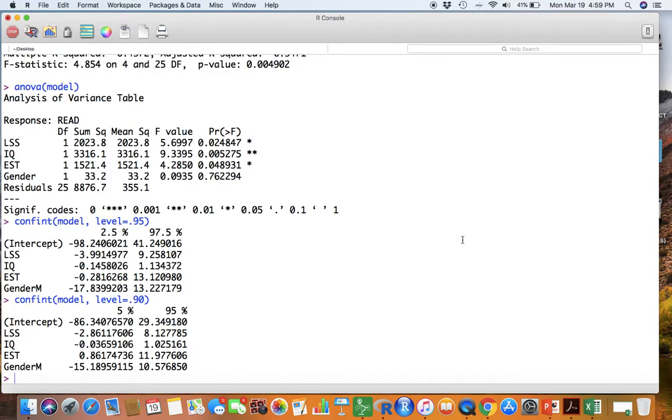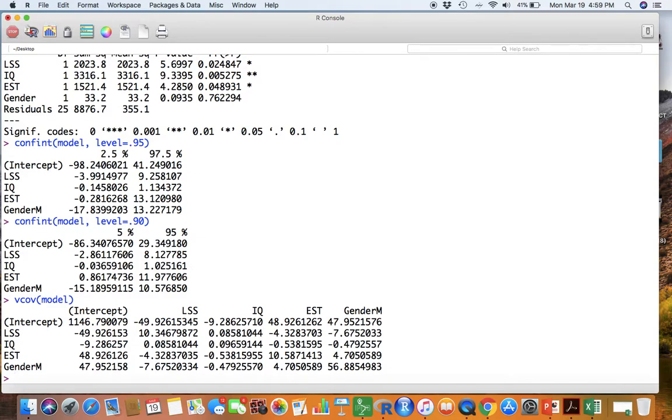The next thing we'd want to look at is the variance covariance matrix. Let's just look at the covariance matrix. To do that, we would do vcov and then the name of the model, which in this case is just model. What we typically look at there, first of all, we notice that we have a symmetric matrix, and it's closely related to the correlation matrix.